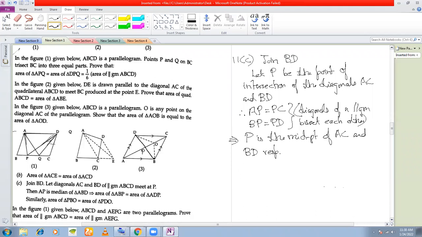Yes. Okay, now if P is the midpoint of AC, then what can we say? Can we say DP is the median of triangle DAC? Check. Can we say that DP is the median of this triangle if P is the midpoint? See if I can say.